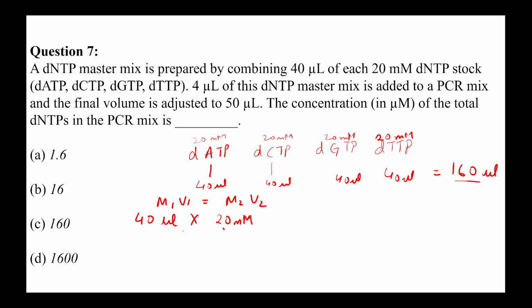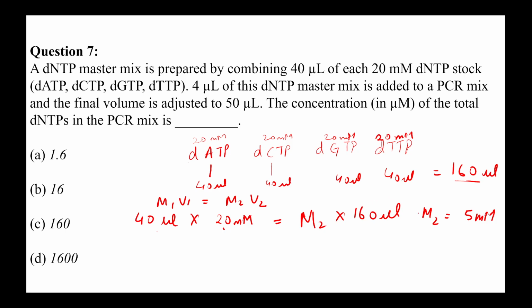So, 20 millimolar into 40 microliter is equal to, we don't know M2, we have to find out the M2, into V2 is 160 microliter. So, if you solve this, this will give you 40 into 20 divided by 160, right? So, basically M2 will be equal to 5 millimolar, right? This is clear to everyone.